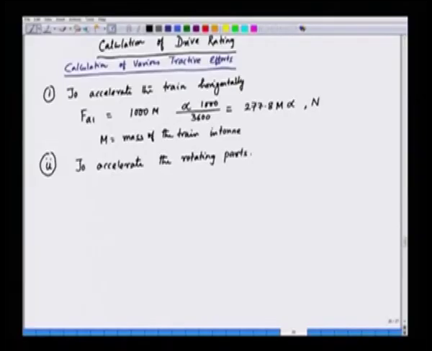So if nx is the number of axles, and Jw is the moment of inertia of a wheel, so how many wheels we have?